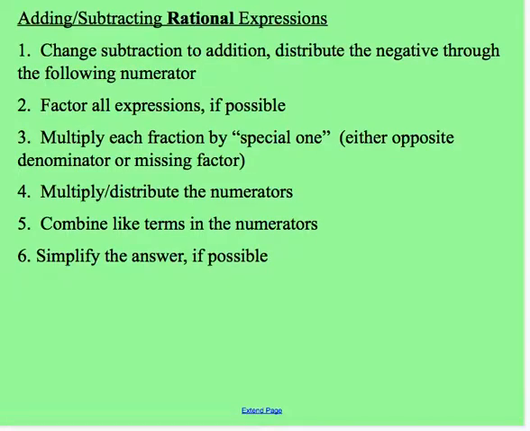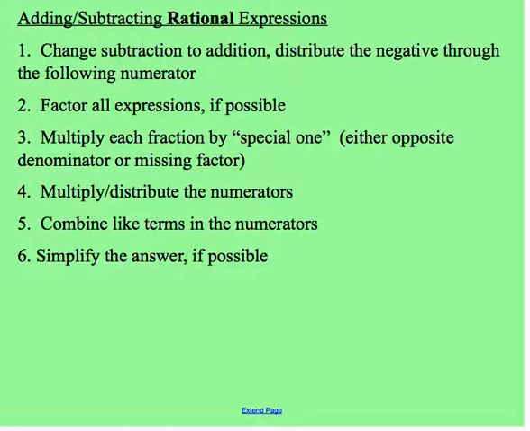So what I want to show you now are the steps for the process for adding and subtracting rational expressions. I don't actually have a right-hand column on my notes today because these are the steps and there's a lot to them. So similar to what we just saw with regular numbers, when we add and subtract rational expressions, if it's subtraction, change it to addition and distribute because it is much easier to keep track of addition than subtraction.